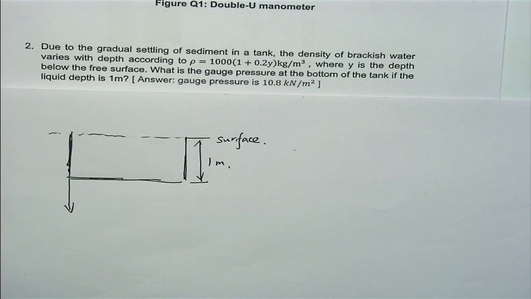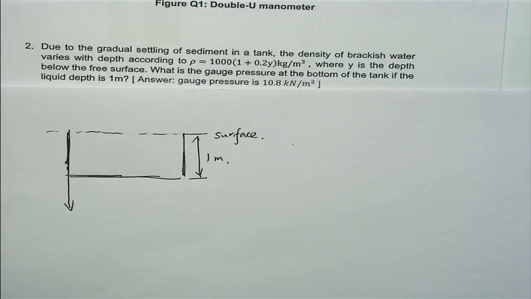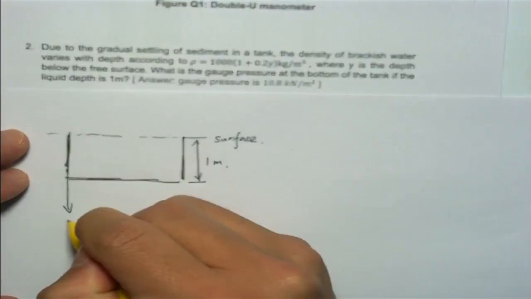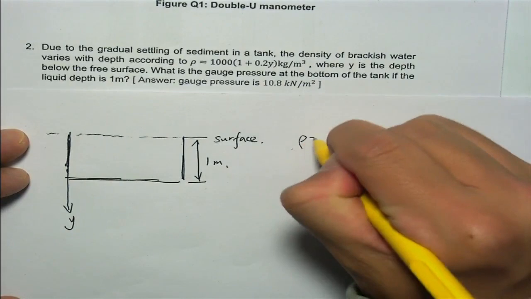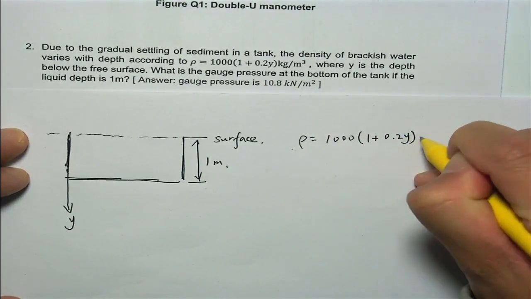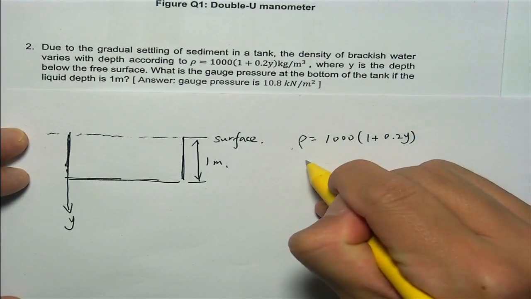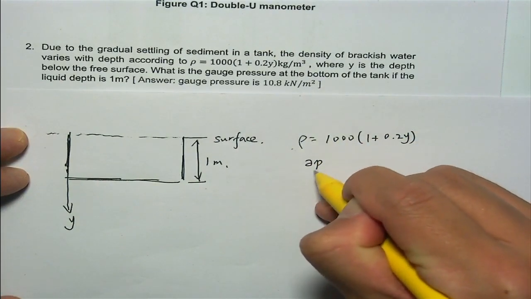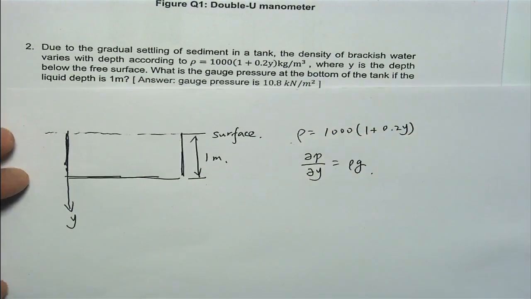Yeah, do the integration. So the fundamental form of the hydrostatic equation, we suppose that one is the y-axis. Because the rho changes following this equation, we can get partial p over partial y is rho g, right?